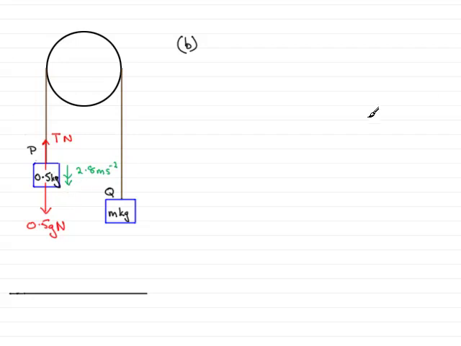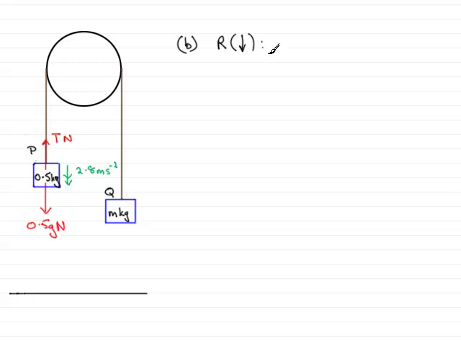So in order to find the tension, what I've got to do is look at the equation of motion for particle P. Now it's clearly moving downwards, and so what I'm going to do is resolve in the downwards direction, taking downwards as positive.